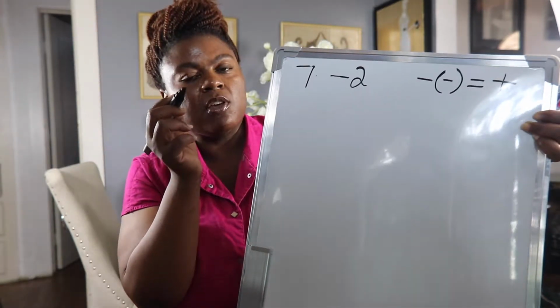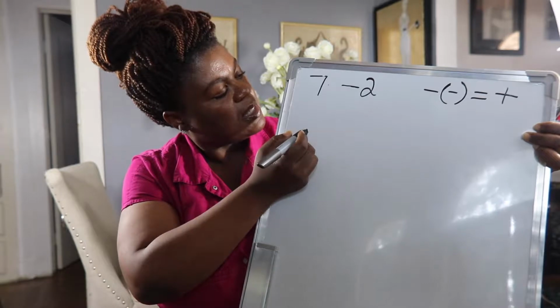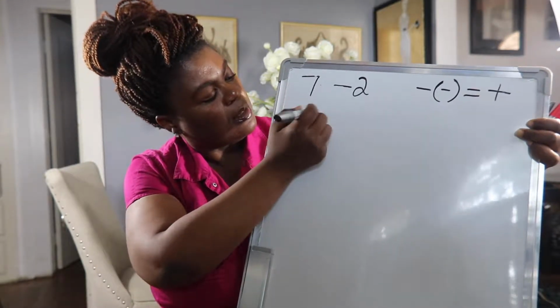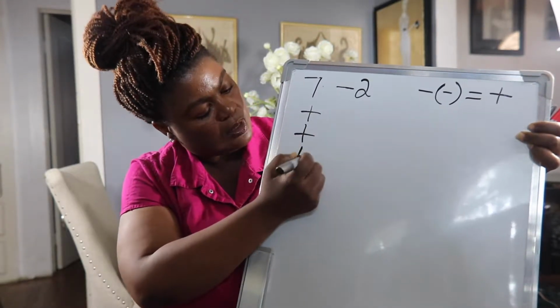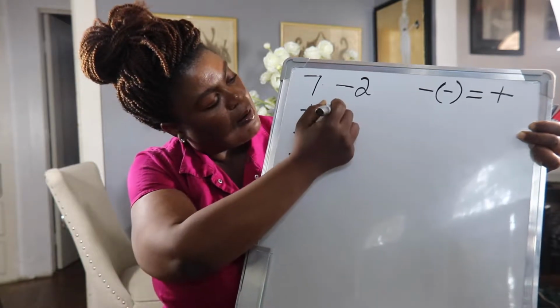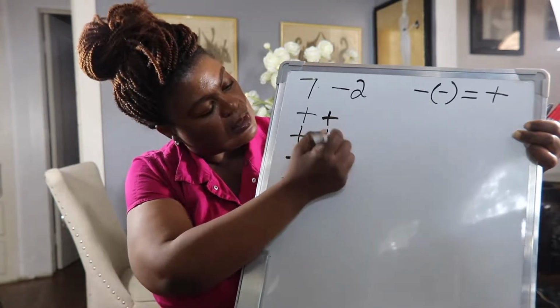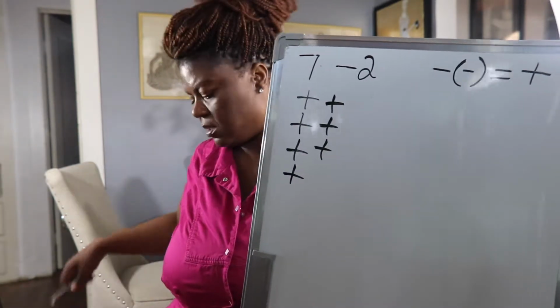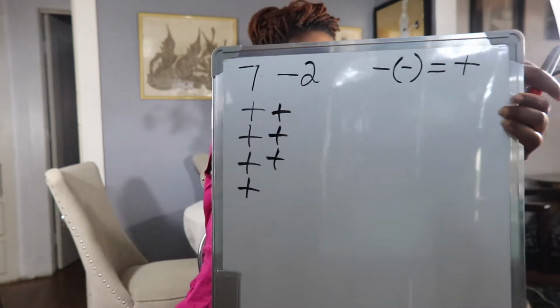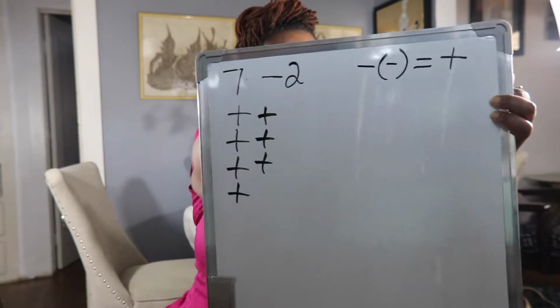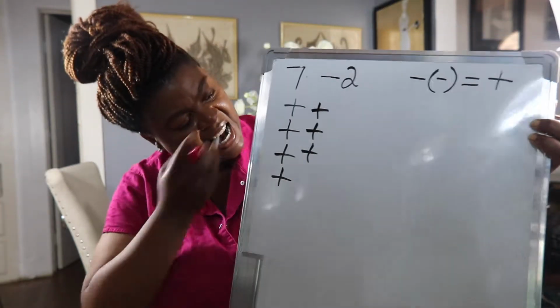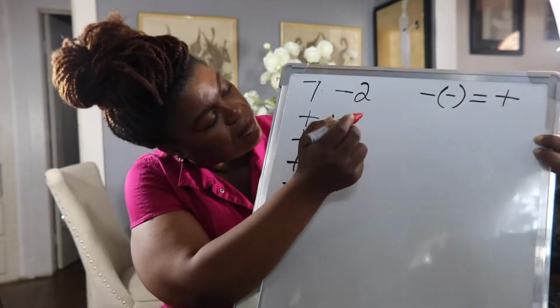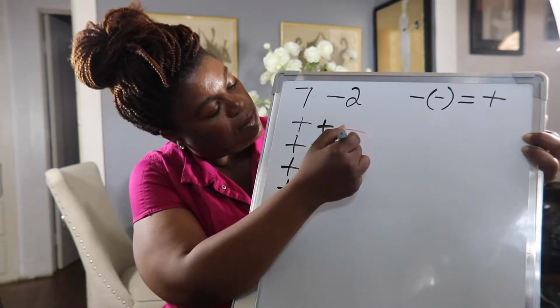So this is something you can practice at home. You'll put 7 positive signs, 1, 2, 3, 4, 5, 6, 7, and let's put two negative signs, 1, 2.